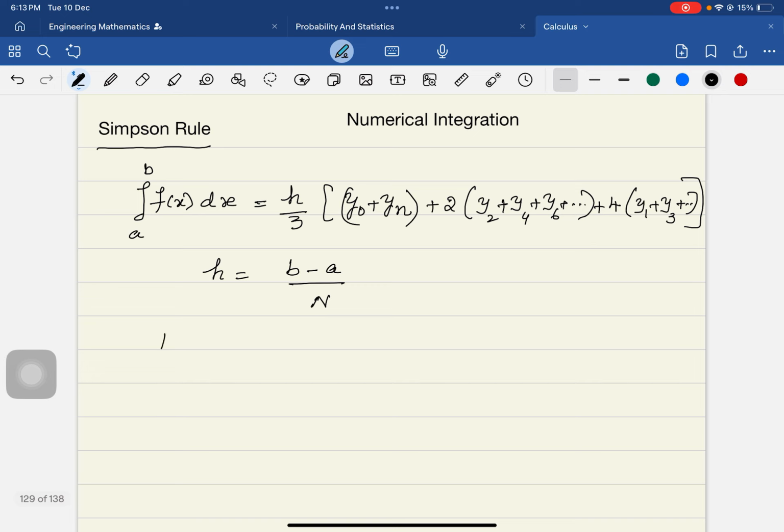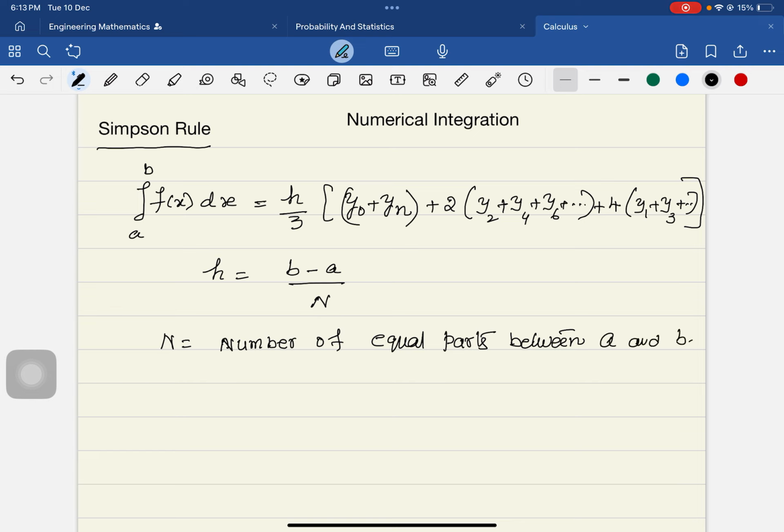What is n here? n is the number of equal parts between a and b.